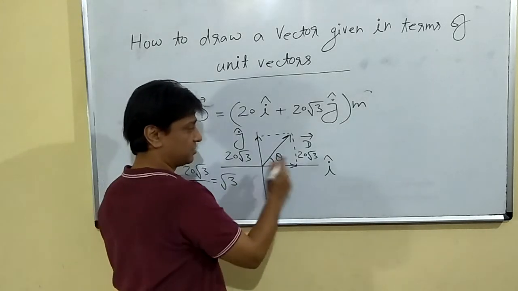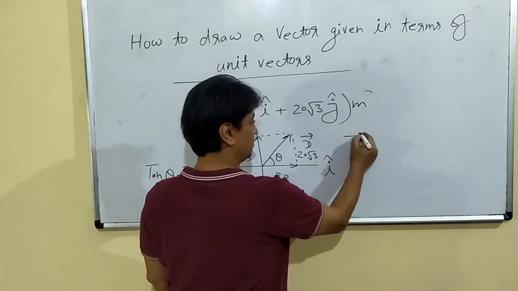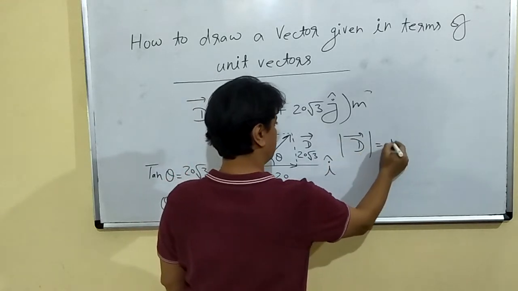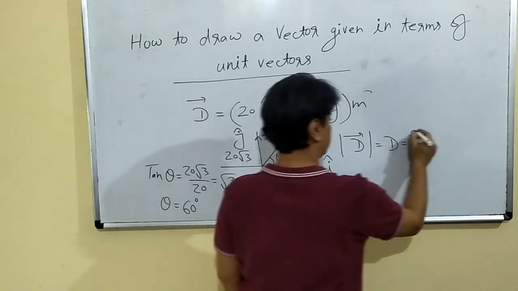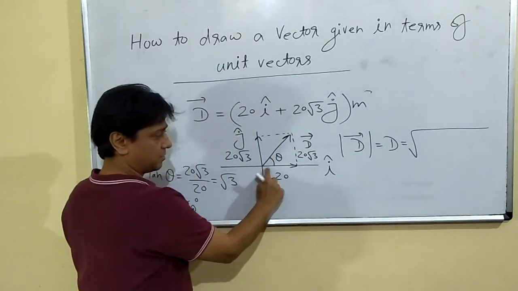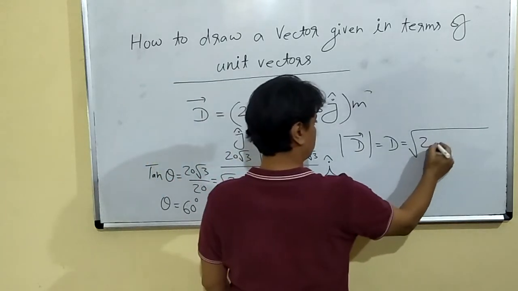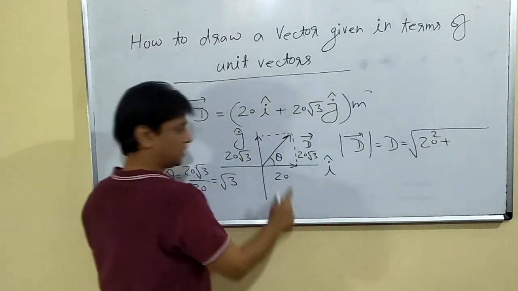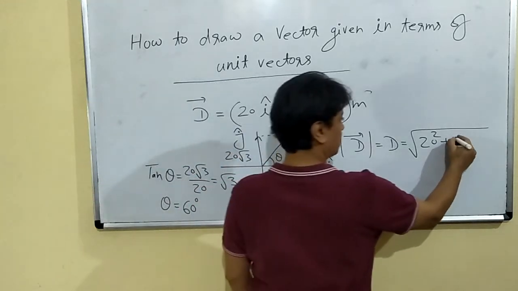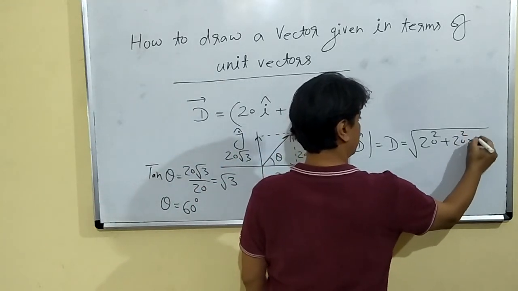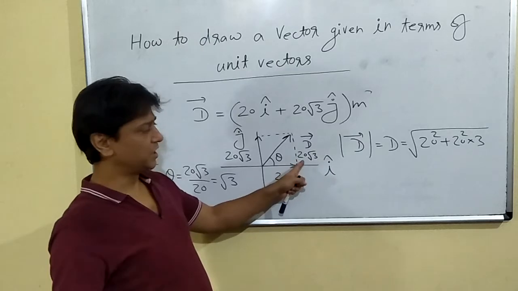Now, length means magnitude, which is very easy. Base 20 square plus perpendicular 20 square multiplied by 3, we squared 20 root 3.